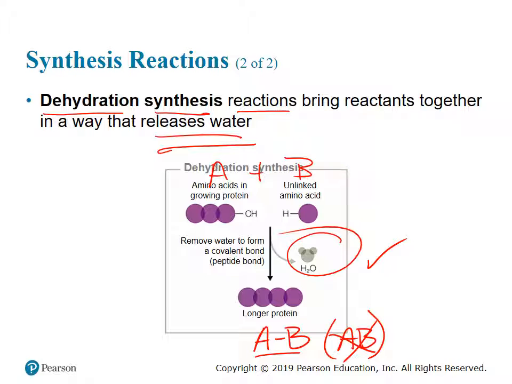Why do you feel the need to pee throughout the course of your day? One of the reasons why is because you give off water in all the chemical reactions that are occurring in your body. And water is a side product that builds up, and that water can be taken out of your body through our urinary system in our bladder, and we pee. Does that make sense to you? Okay.